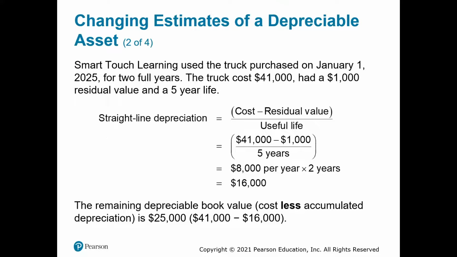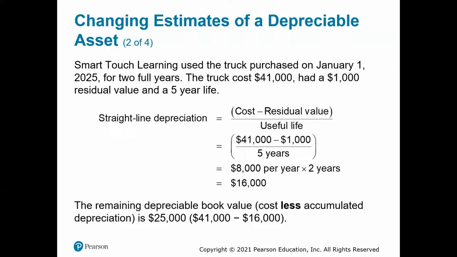Here in this example, Smart Touch Learning used the truck purchased on January 1st, 2025 for 2 full years. The truck cost $41,000. It had a residual value of $1,000 and a 5-year life.